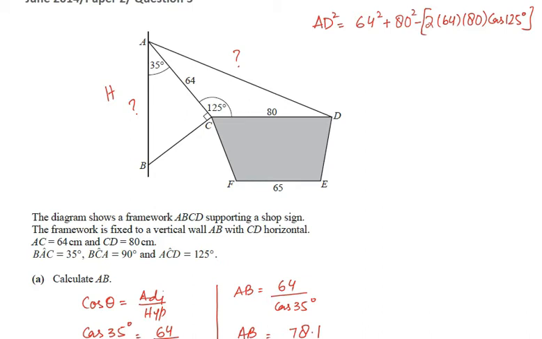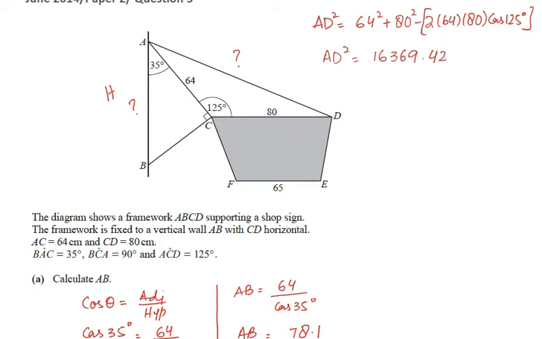So when you put these values inside the calculator: 64 square plus 80 square minus bracket 2 multiplied by 64 multiplied by 80 multiplied by cos 125, bracket close. Then when you press the equal sign, we get AD square is equal to 16,369.4.